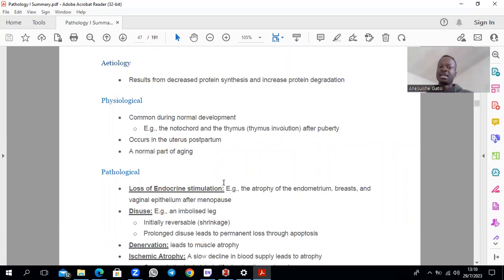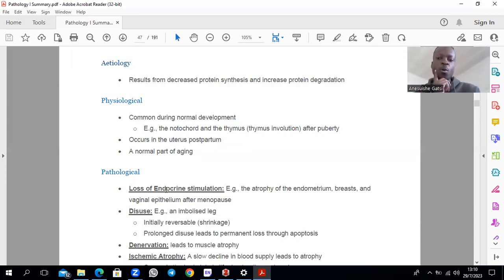The result is a decrease in synthesis of proteins or maybe increased protein degradation. Right. So pathological atrophy, yeah. This is where we have a disease condition that leads to atrophy in an organ.